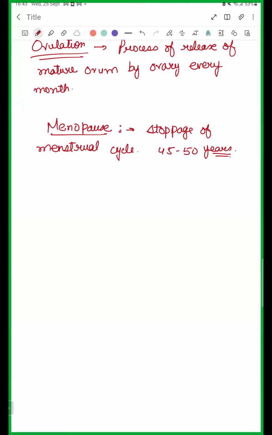You can write down the definition: menarche is the starting onset of the reproductive cycle, menopause is the end of the reproductive cycle. And you can write down the age: menarche at nearly 10 to 12 years, menopause around 45 to 50 years. Further, it changes from female to female. Menstruation, we already discussed, gestation period and parturition. These are important definitions which could be asked.